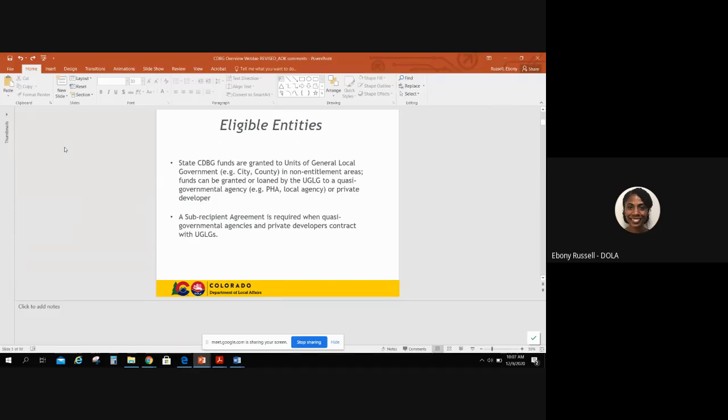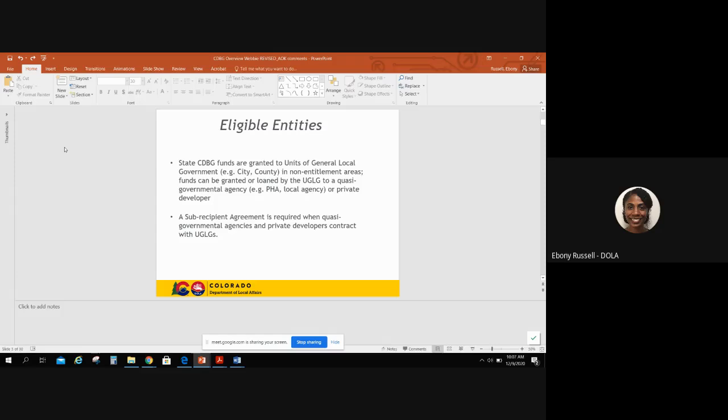So units of local government, where were we? Eligible entities. So who can receive CDBG funding? Units of general local government, or UGLGs, in non-entitlement areas can receive this funding.